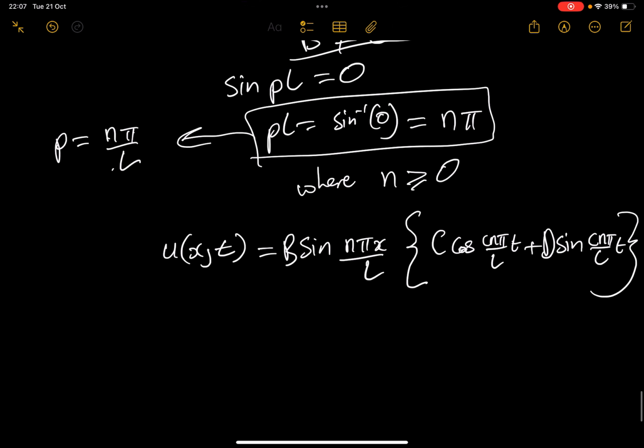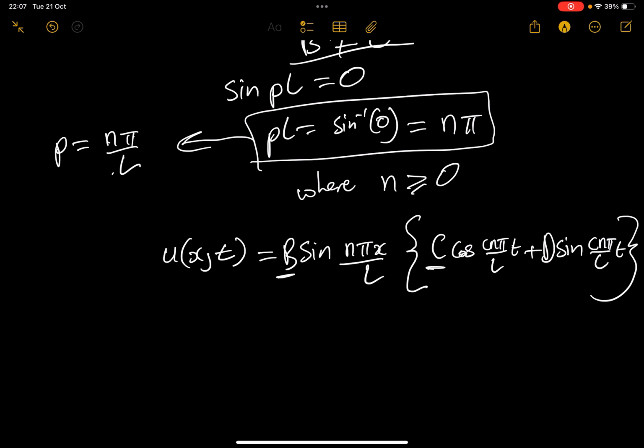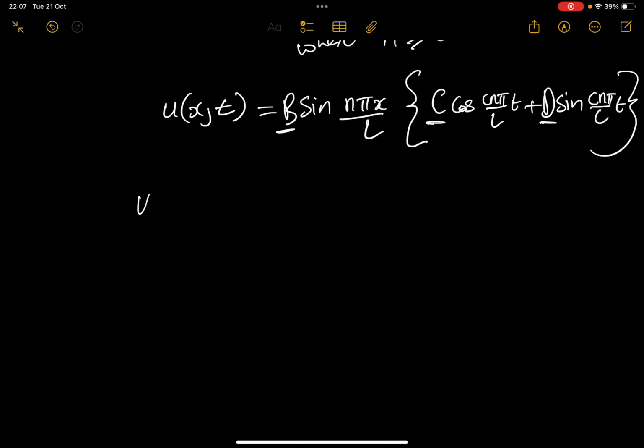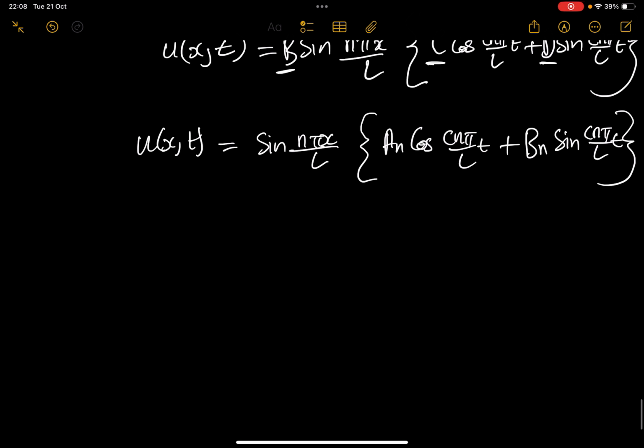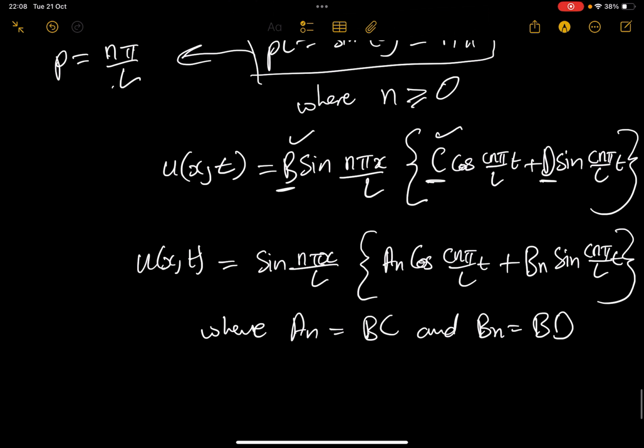So I'm going to take this constant B and multiply it inside here, such that we can say this is equal to sine n pi x over L times a n cos Cn pi over L t plus b n sine Cn pi over L t. So here An is equal to Bc and Bn is equal to Bd, because we're just multiplying the constants, right?